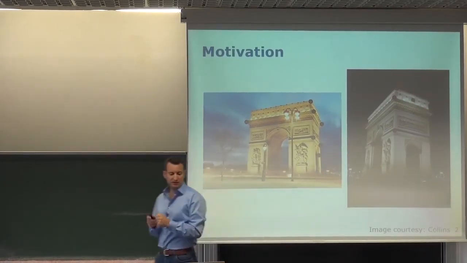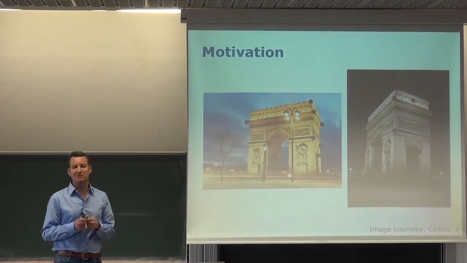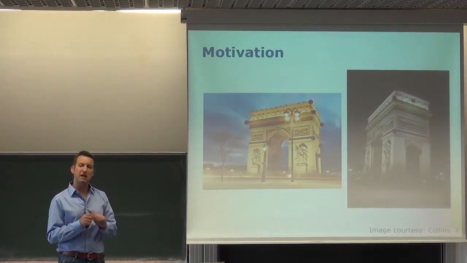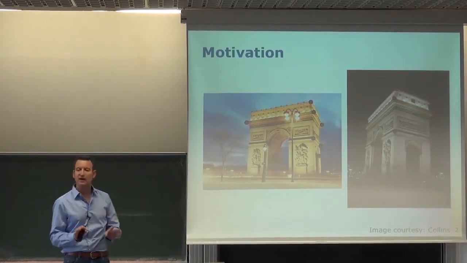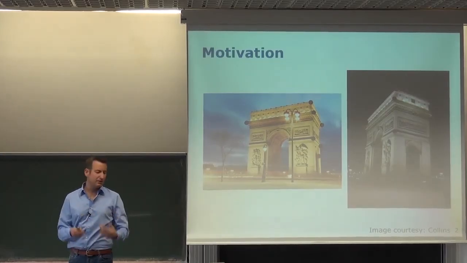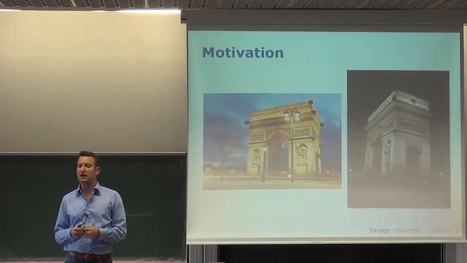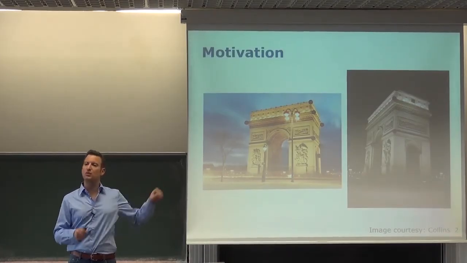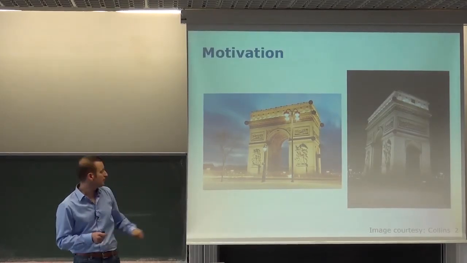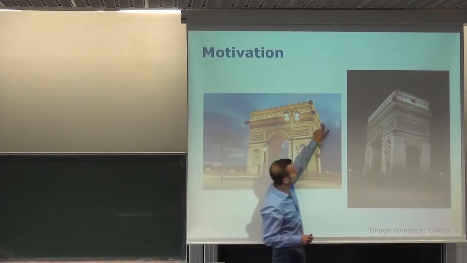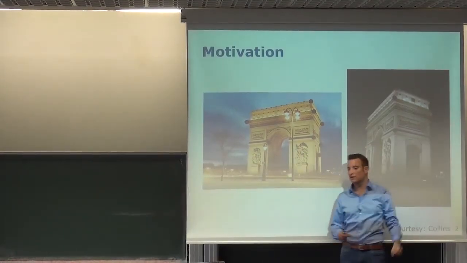I'm doing these correspondences manually. Maybe I have a smart algorithm which does this, but we can also assume that they are given by a human. So we assume we have those correspondences: this pixel corresponds to this pixel in the other image.